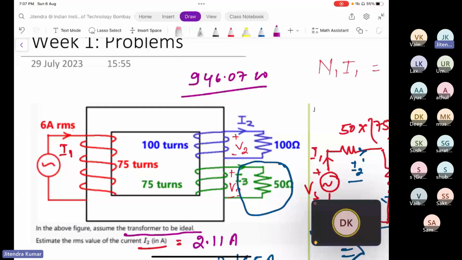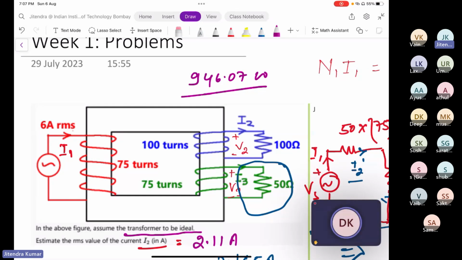Now here you can observe both secondary windings have different turns, right? And they have a different load. Agreed.